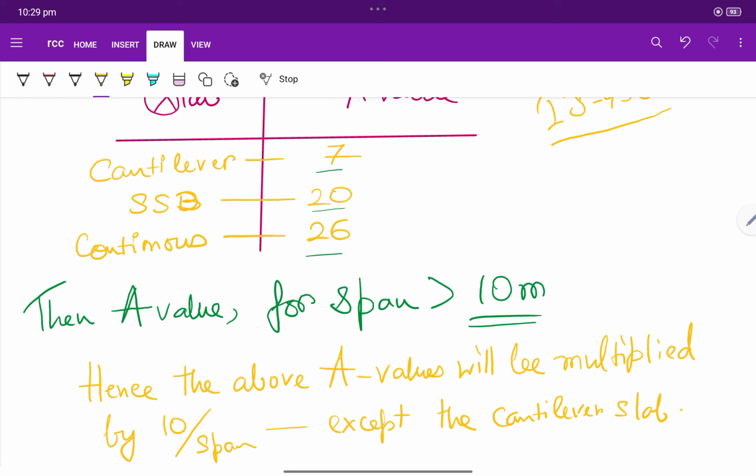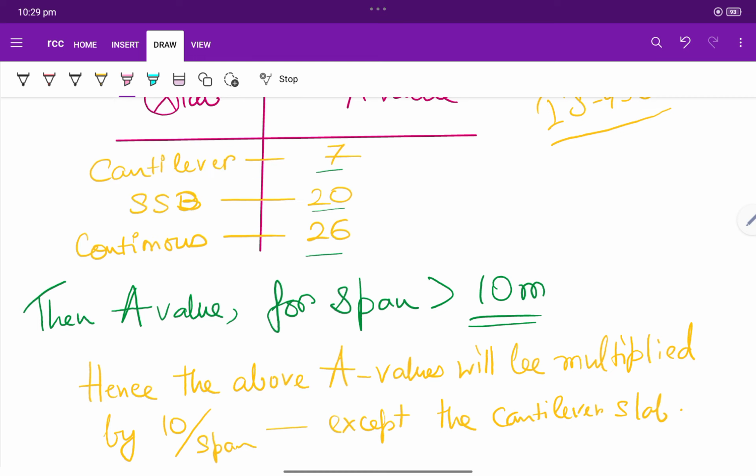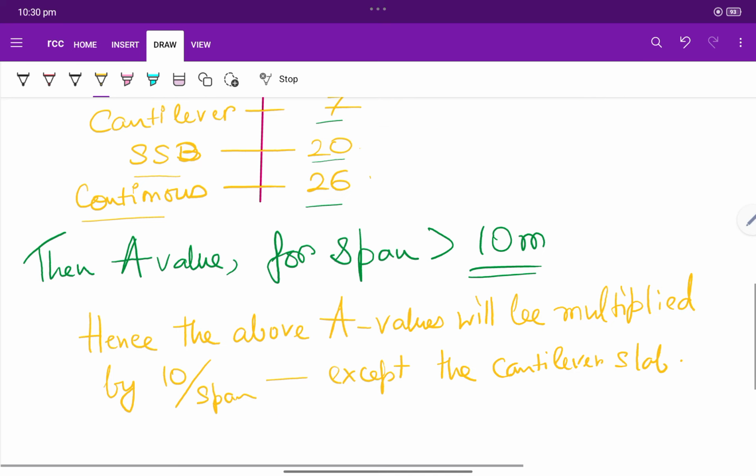For the SSB and for the continuous, we will multiply these values 20 and 26 by 10 divided by span if the span value is more than 10 meter.